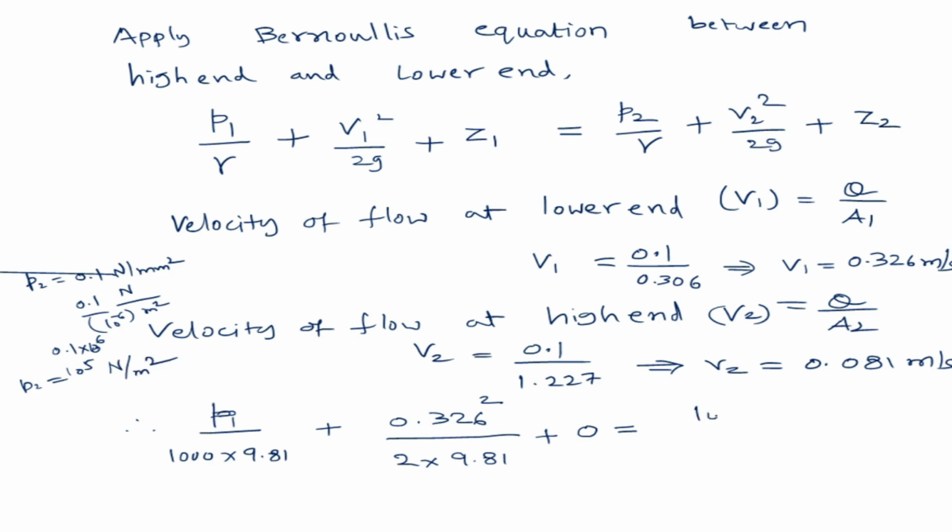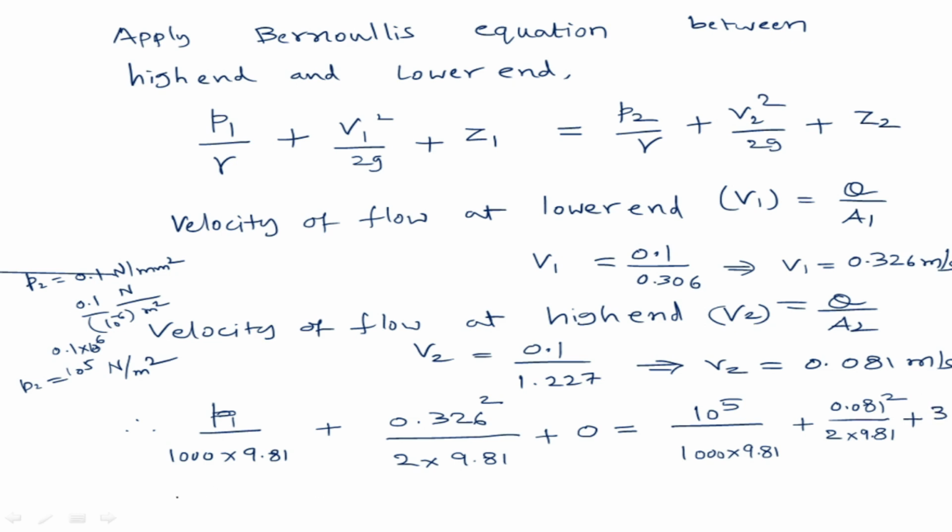P2 is 10 power 5 divided by gamma. Here gamma is 1000 into 9.81 plus V2 square, 0.081 square divided by 2G, 2 into 9.81, plus Z2 is equal to 3. The length of pipe is given 300 into 1 by 100, that is 3 meters.